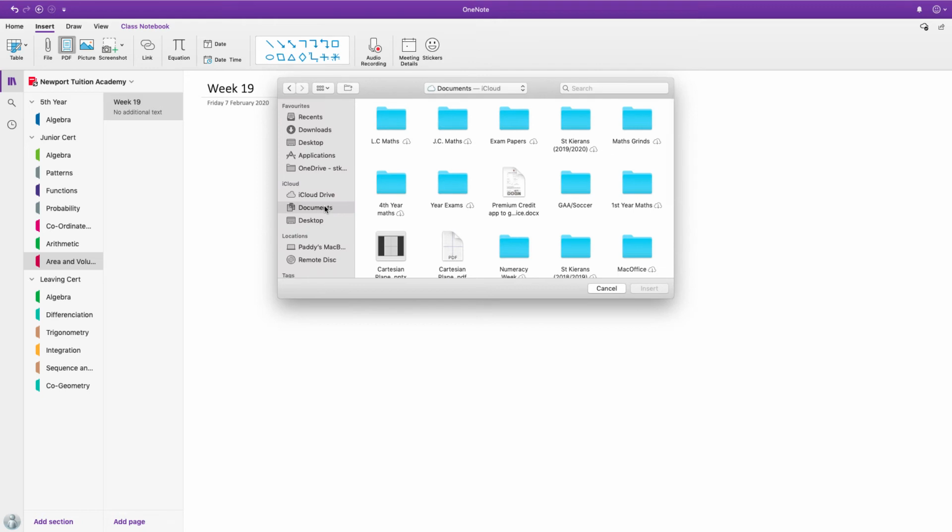Yeah, so they're increasing by 6%. So you're going from, and then add it on.